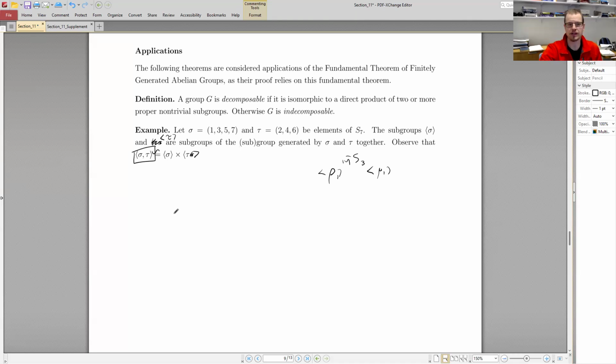And you might say, how do we know it's isomorphic? All right, let's create an isomorphism. I'm not going to go through all the justification, but I do want to at least present the idea here. So I want to go from what's generated by sigma and tau together to the direct product of what's generated by sigma with what's generated by tau.